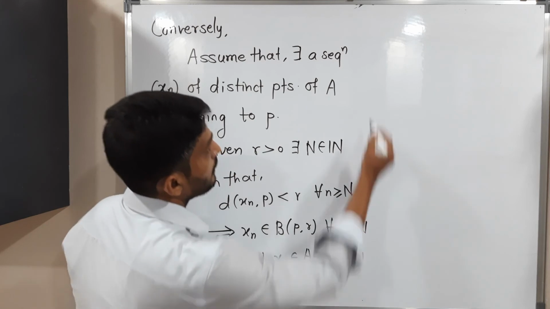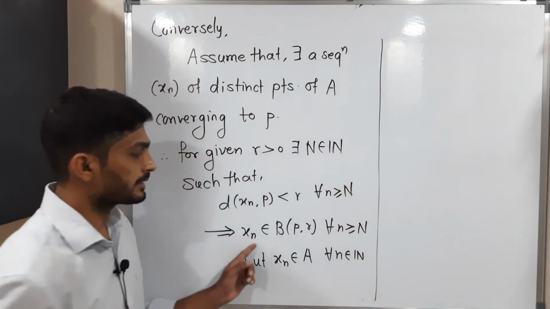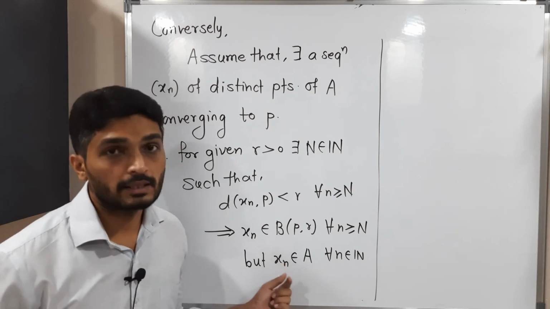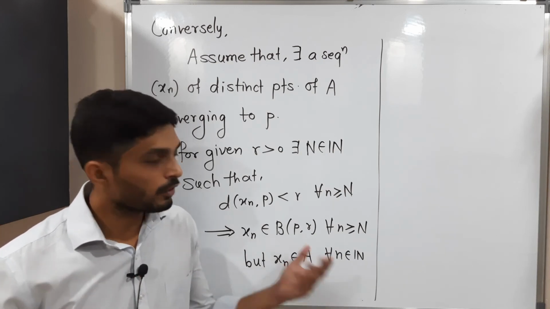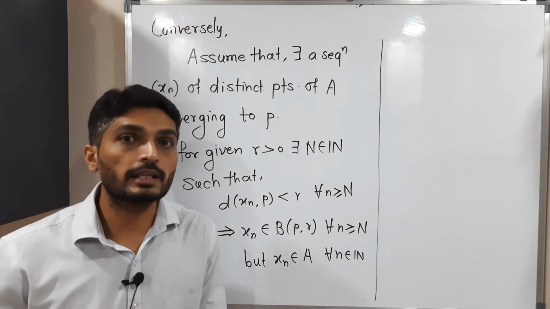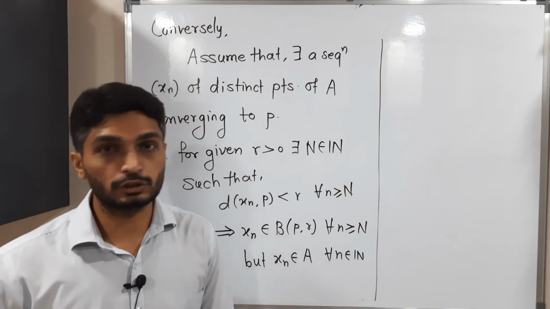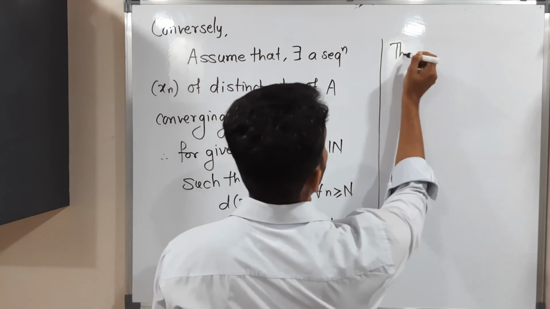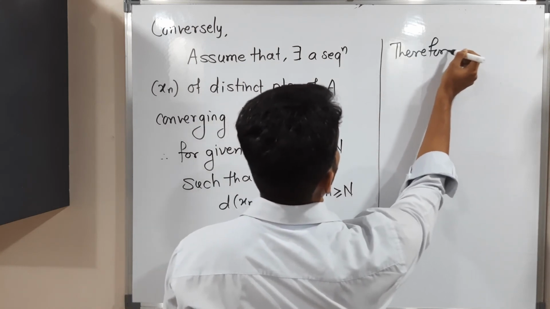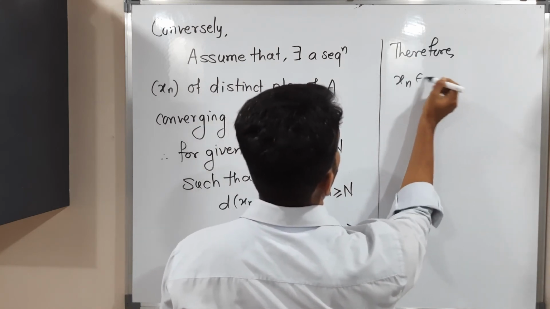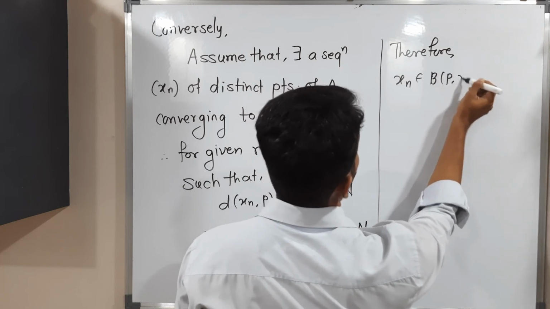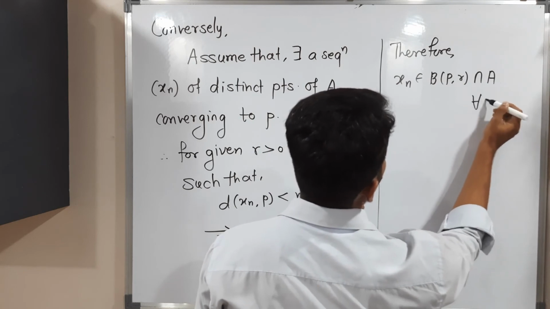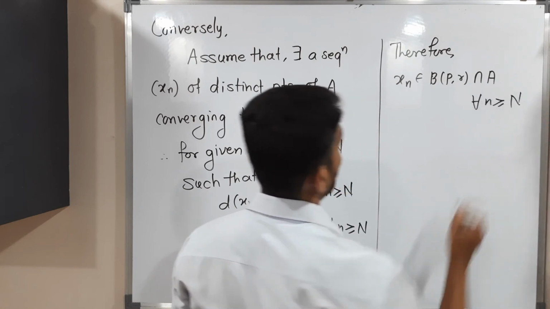Here we say xn belongs to this ball with this condition, and here we say xn belongs to A for all n. So xn lies in the intersection as well. Therefore xn belongs to B(p, r) intersection A for all n greater than or equal to capital N.